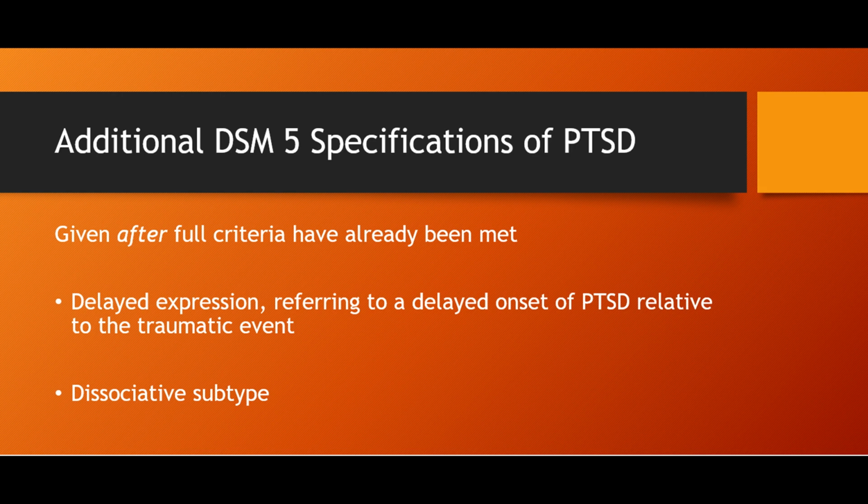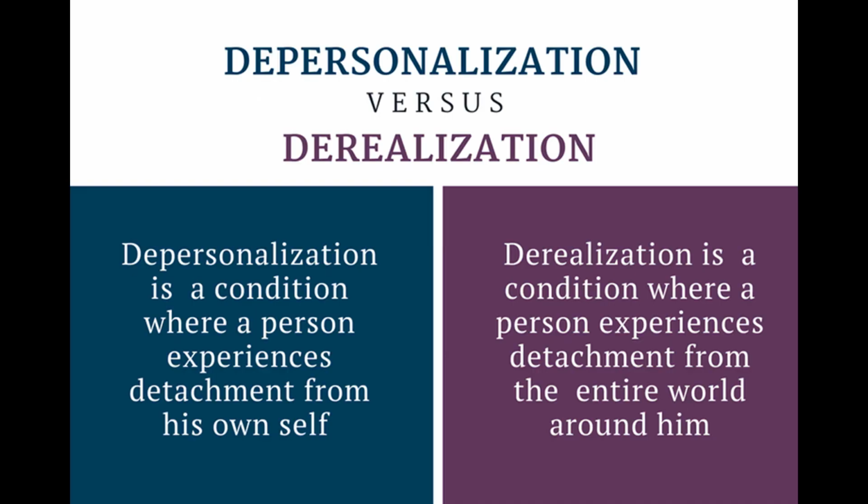An additional specifier in the DSM-5 for PTSD, and that the CAPS-5 also assesses, is the dissociative subtype specific for PTSD. While there are a multitude of forms of dissociative phenomena, a person with PTSD is classified as a dissociative subtype only when criteria are met for symptoms of depersonalization or derealization.